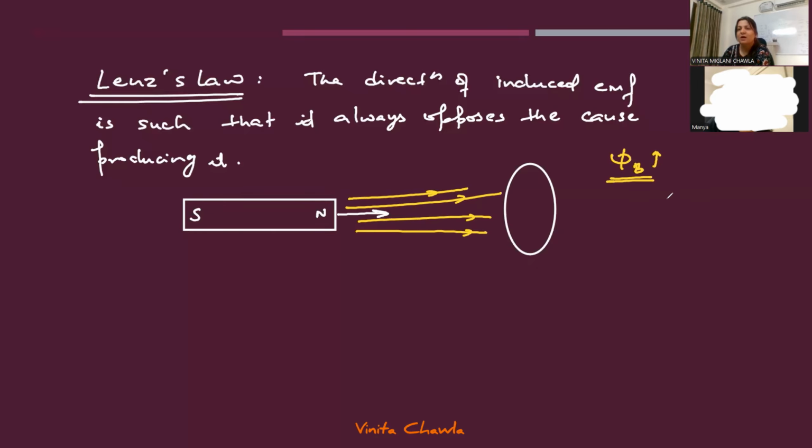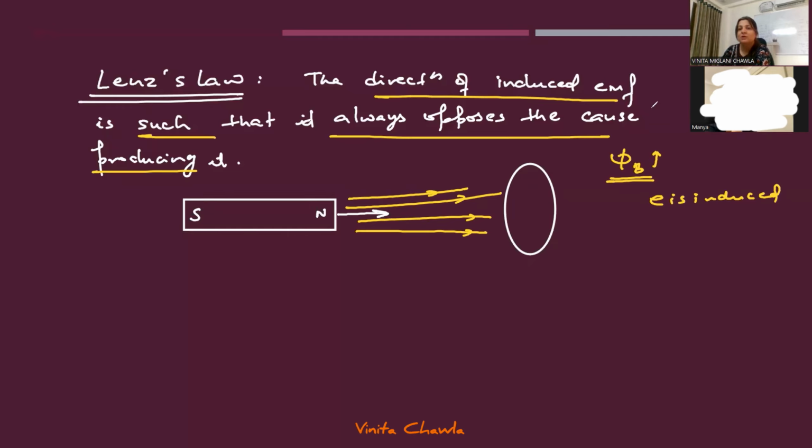And because of the change in magnetic flux, EMF is induced, so is the current. Current is produced. Now, what is the direction of current? See, the direction of induced EMF or direction of current is such that it always opposes the cause producing it. So what is the cause? The cause is the movement of the magnet, right? Because of this movement only, we can see the current in the coil.